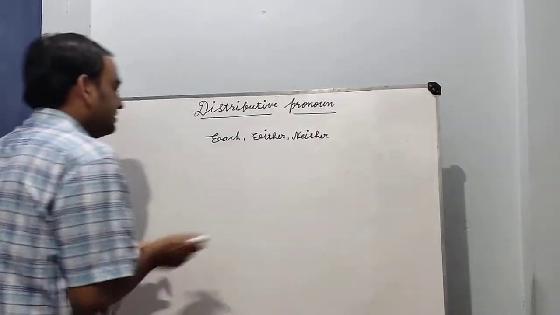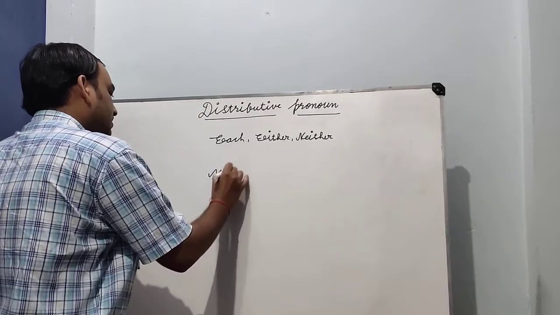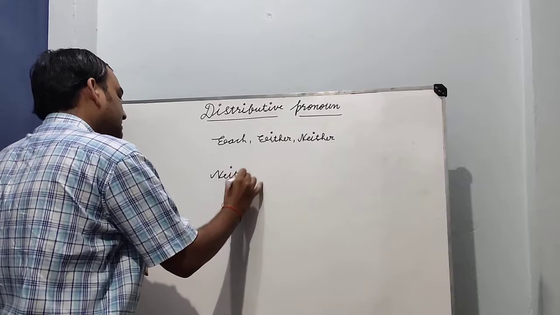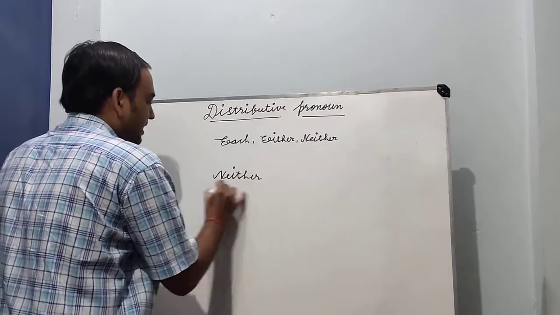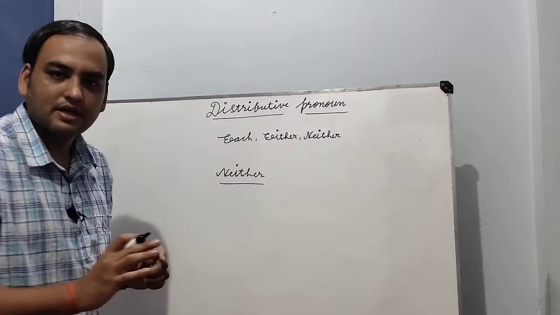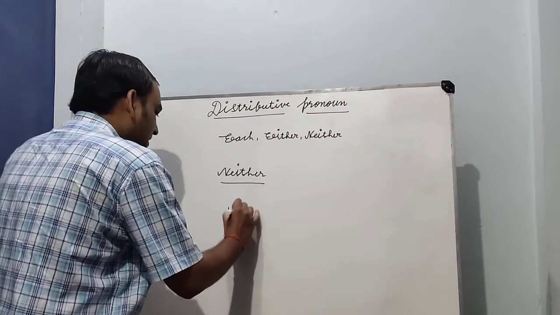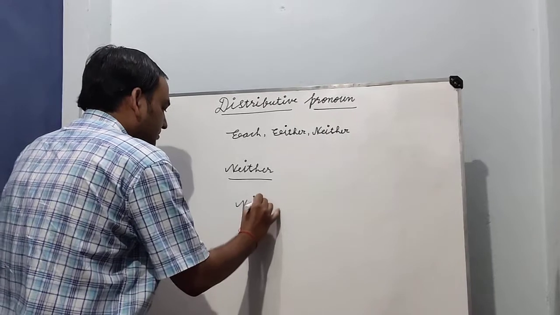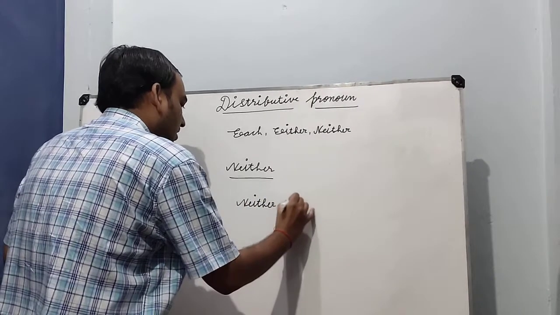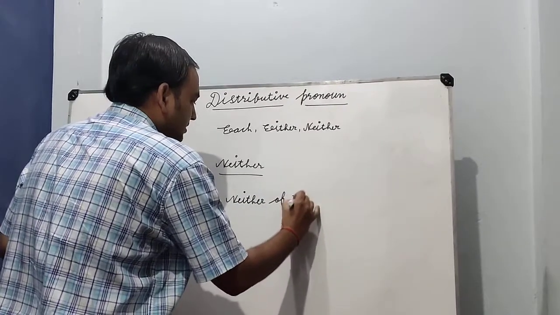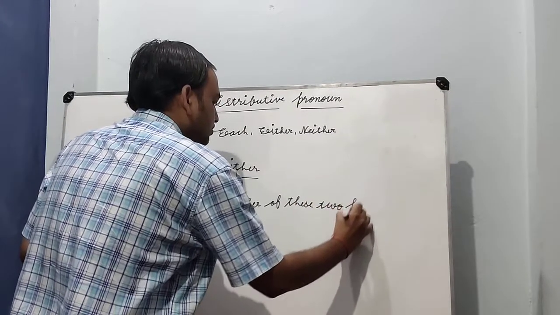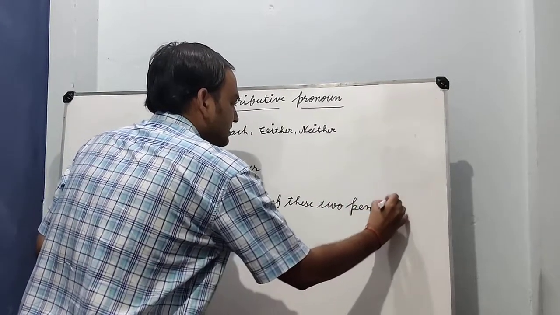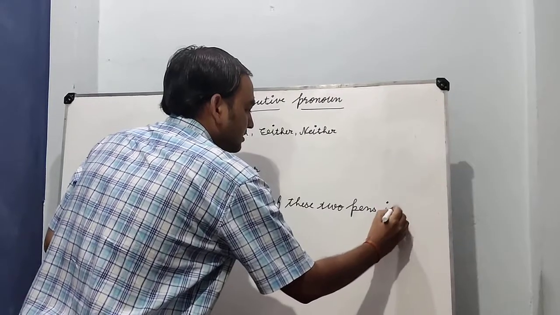Now we will discuss here neither. What is the meaning of neither? Neither is a negative form of either. It means none of the two. Neither of these 2 pens is red.